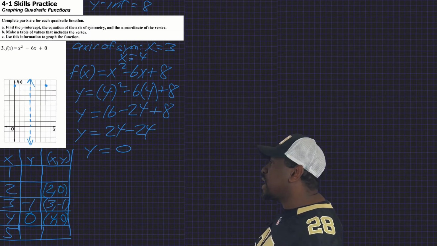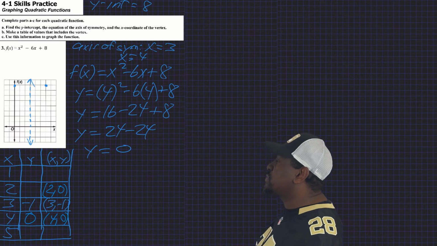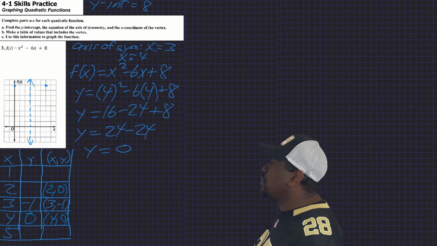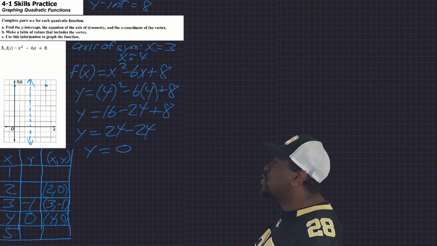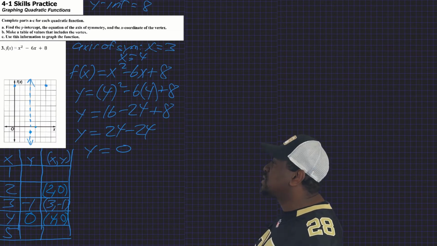So now in our table, we can put (4, 0), and since 2 has the same value of y, we know we will have (2, 0) there. And so we now have 3 of our 5 points that we need to graph. So as you can see, we're graphing the 2 points, (2, 0) and (4, 0).